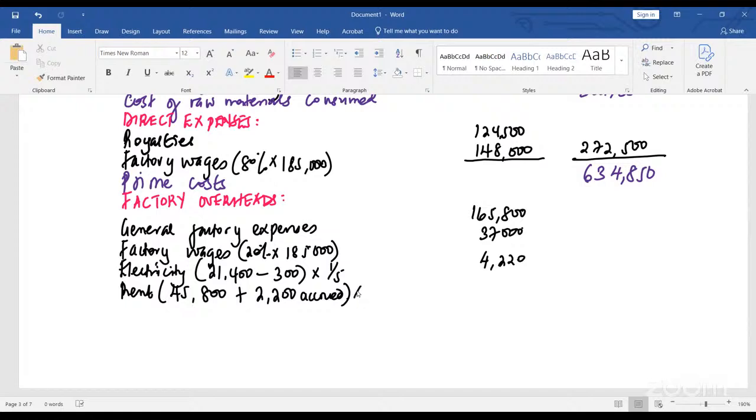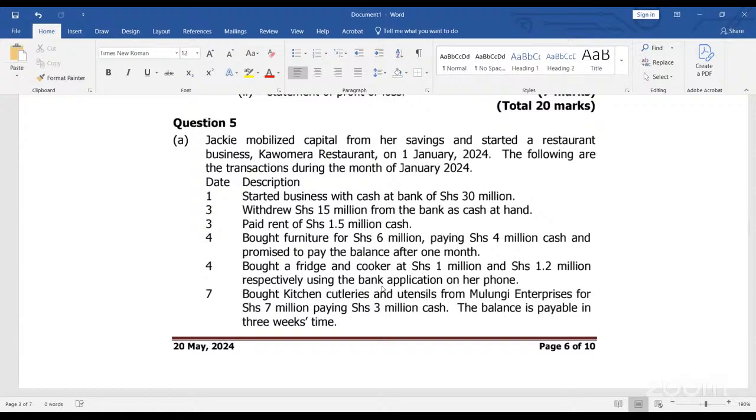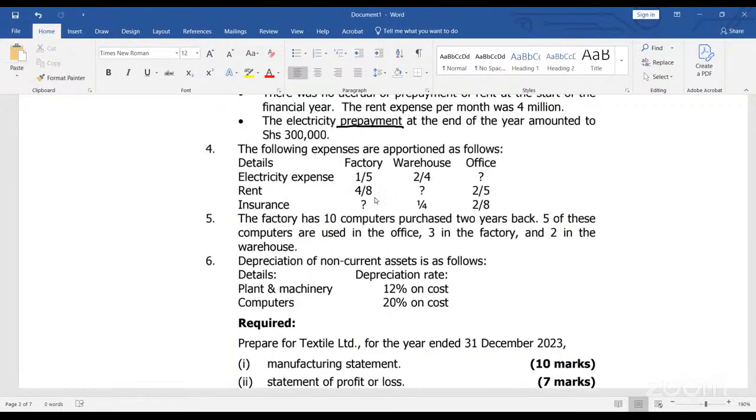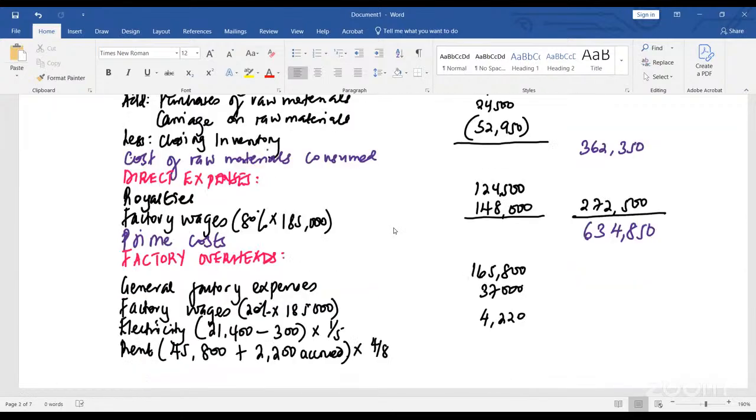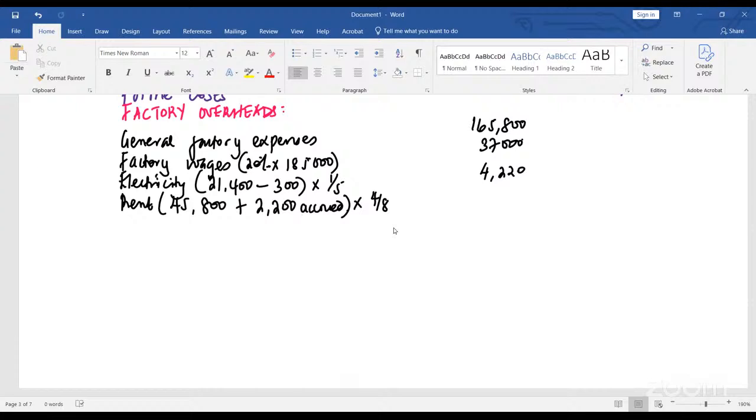But in the factory, we have been told that we should take 4/8 of the rent, as per the additional information. Rent 4/8. So how much will be the expense? So what is 4/8?